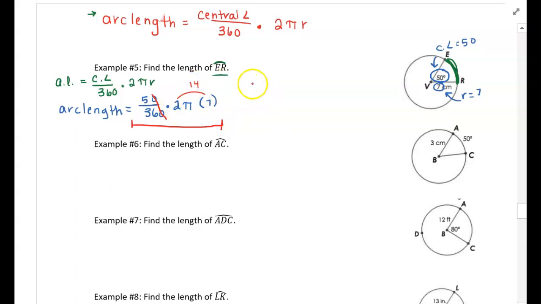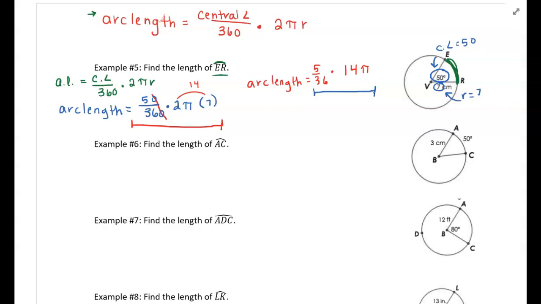So I can rewrite this to say arc length equals 50 over 360 became 5 over 36 times, rather than saying 2 pi 7, I just like to say 14 pi. And then I'm going to plug this into my calculator. Like I said, you surely don't have to do that, but I like to.